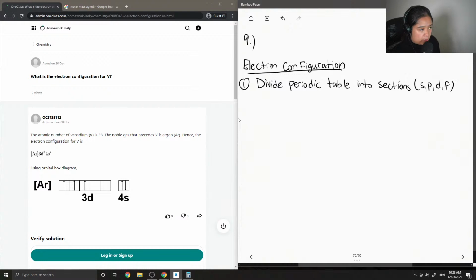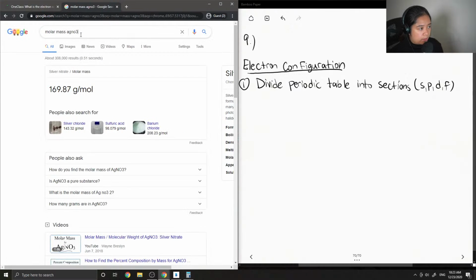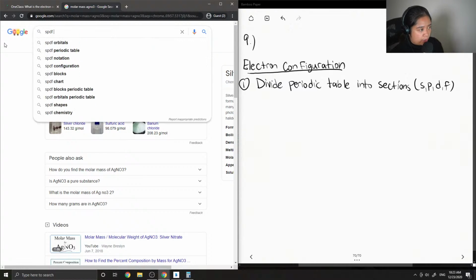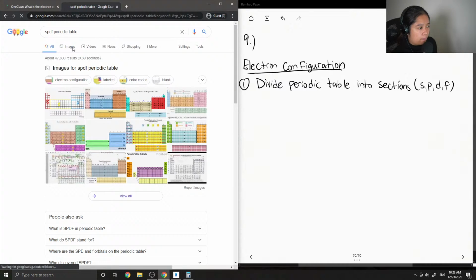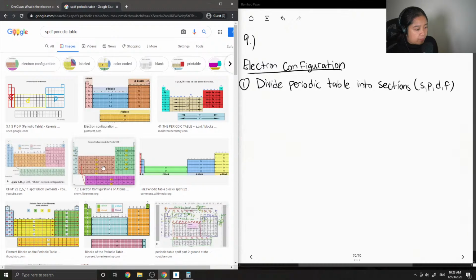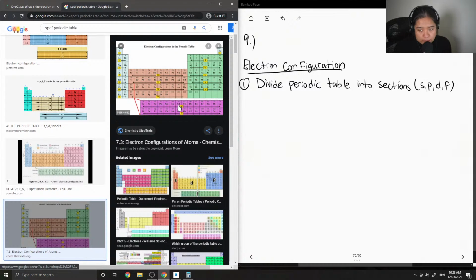Okay, so I can show what that looks like so that it's kind of easier to visualize. But most of the time you're given a periodic table during like an exam, so you want to make sure you know how to divide the periodic table into these sections.